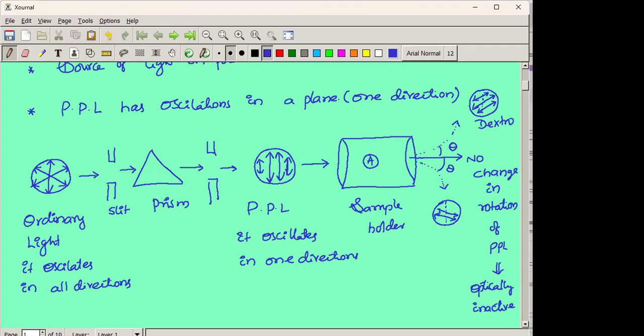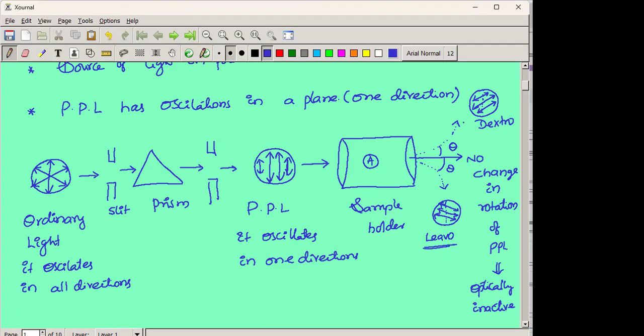So we can observe the rotation either on the left side or right side, and based on that, we can consider it either dextro rotation or levo rotation.